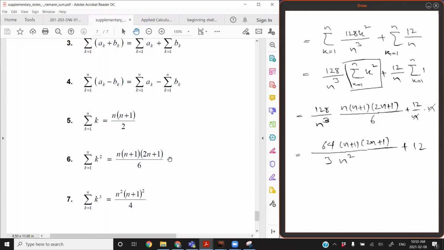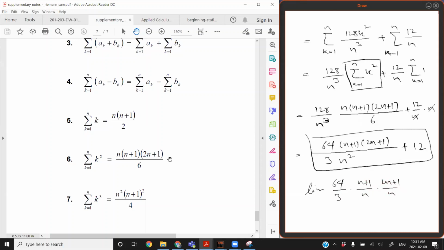So now I need to take the limit of this as n approaches infinity. So that's my next step. I can write it like this. I can say this is the limit of 64 over 3 times n plus 1 over n times 2n plus 1 over n, plus 12, as n approaches infinity.